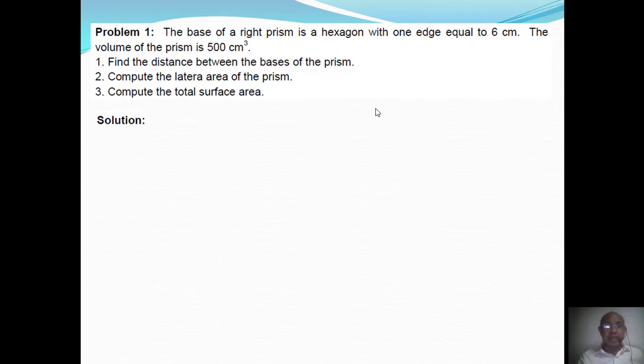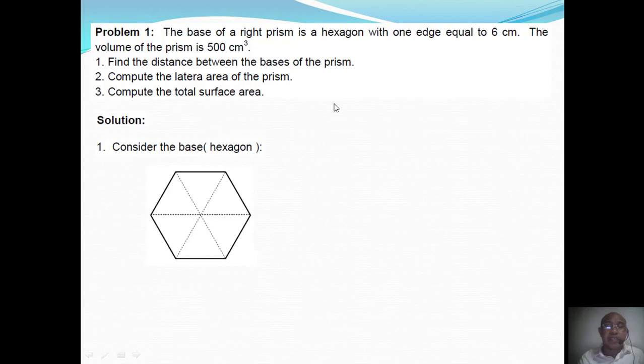Okay, so I have here the solution. I will just draw the base of the prism. Anyway, we know already what a prism is. So I will just draw the hexagon base, and the edges are each 6 cm. So I have here the base now.